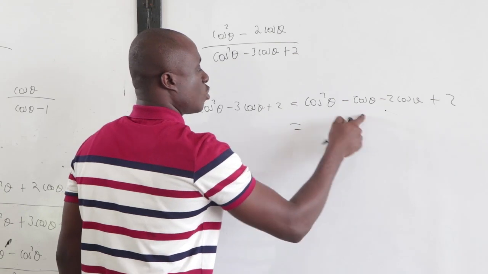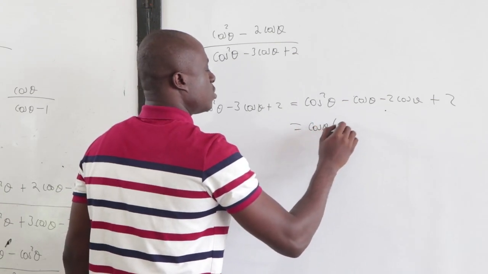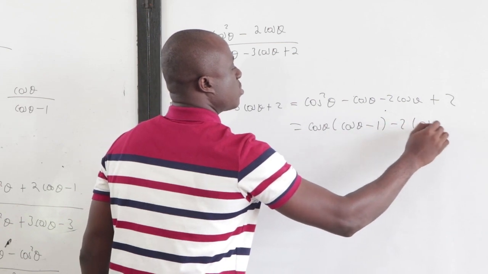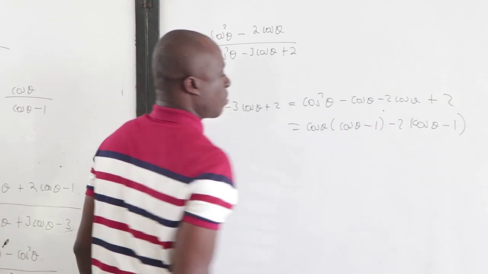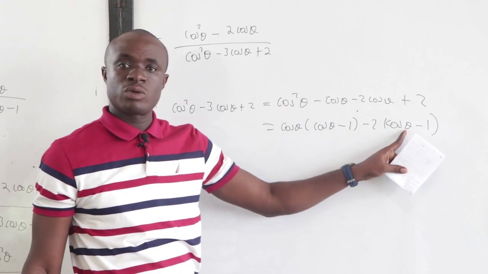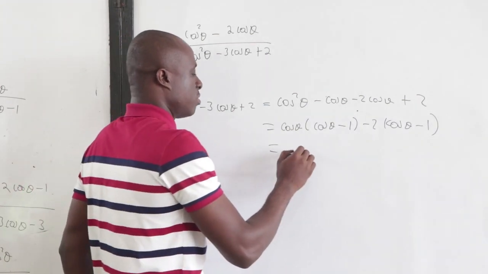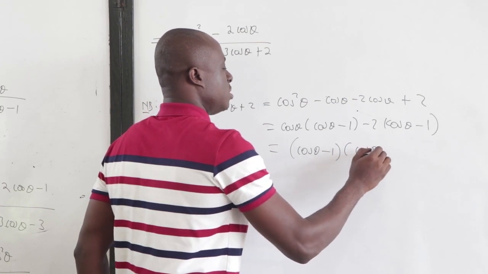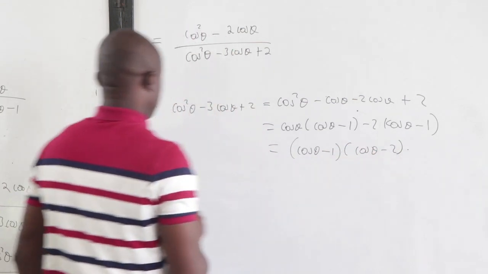So clearly what is common? Cos theta is common. So we have cos theta times cos theta minus 1 minus 2 times cos theta minus 1. Now cos theta minus 1 is common. Let me factorize it out. So I have cos theta minus 1 and then I have cos theta minus 2.